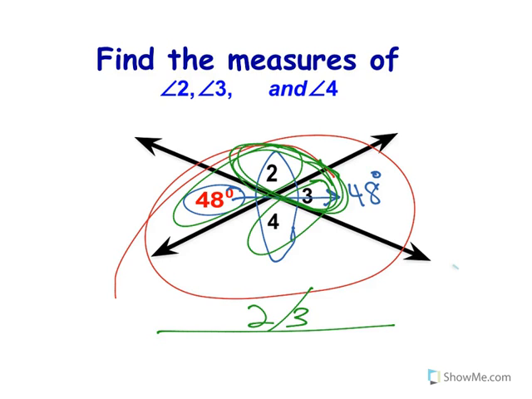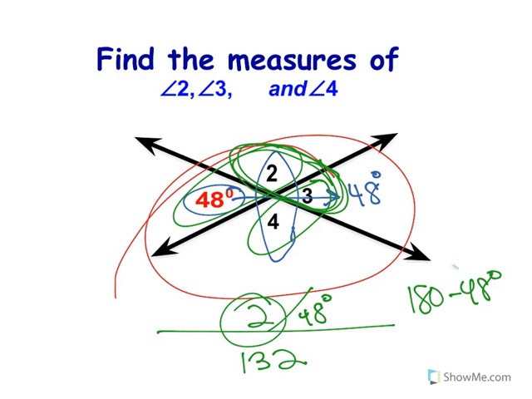And if this one is 48 degrees, then we can do 180 minus 48 in the calculator, of course, and we get that this one is 132. And if this one is 132, then this one is 132 because, again, they are vertical angles and equal.